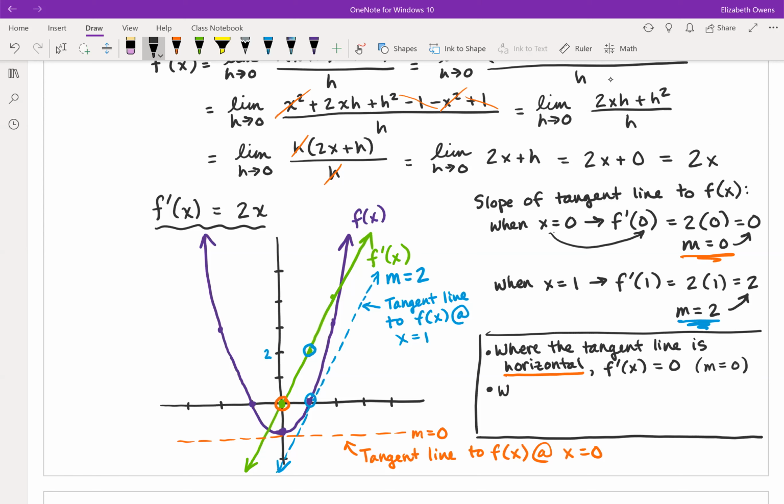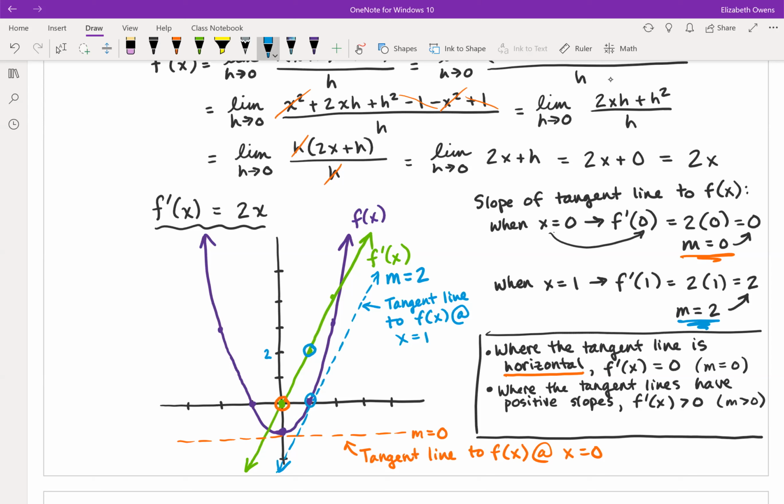And then where the tangent lines have positive slopes, that means the derivative's value should be positive. Because remember, the value of the derivative gives you the value of the slope of the tangent line.